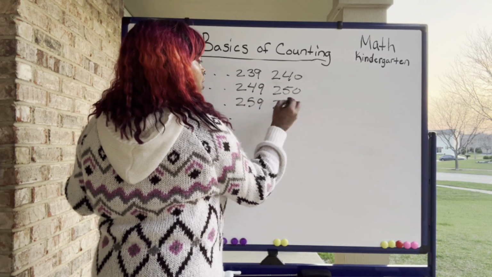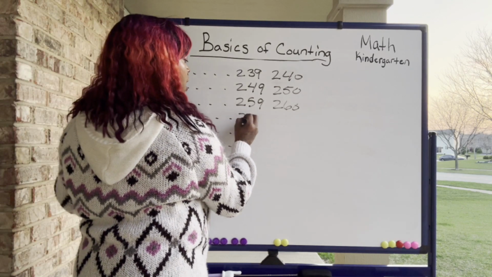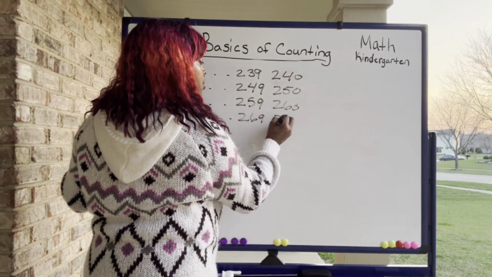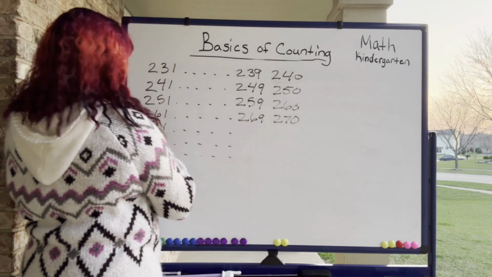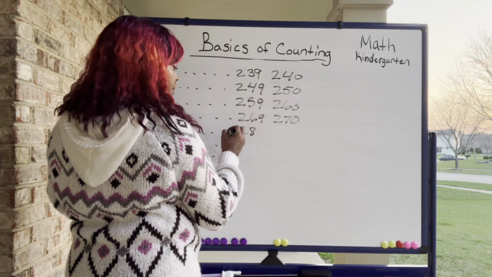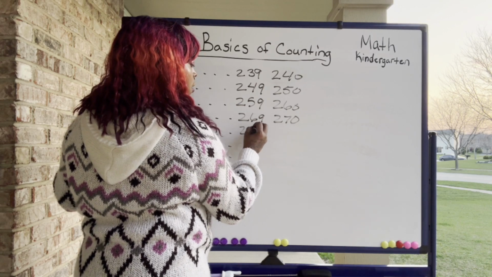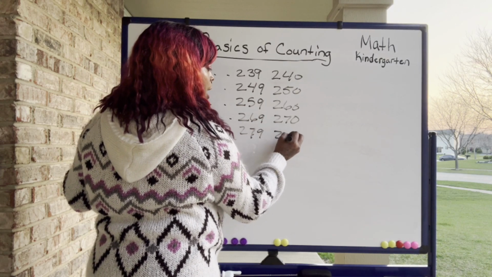After 59 is 60. 261 through 269, then 270. 271 through 278, 279, next number is 280.